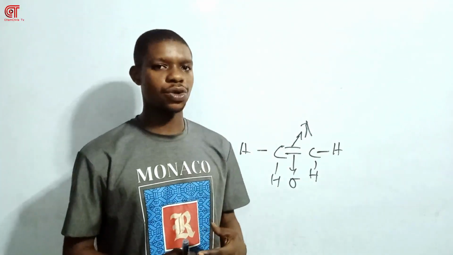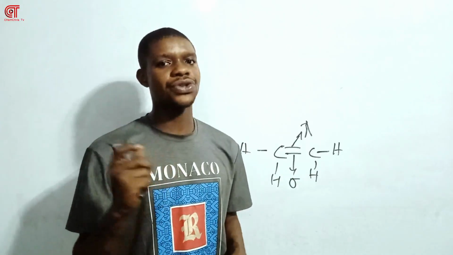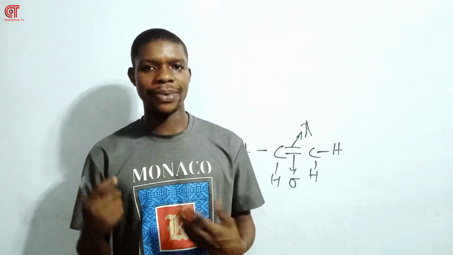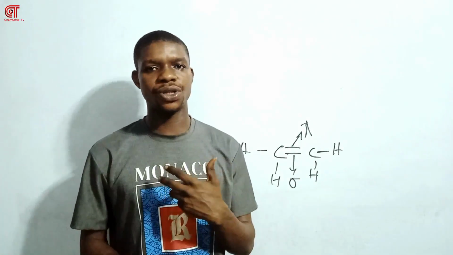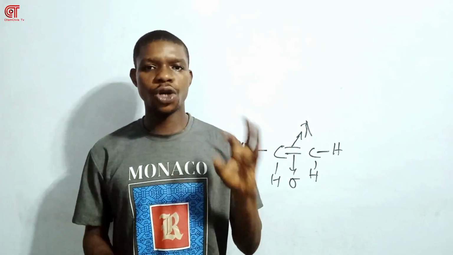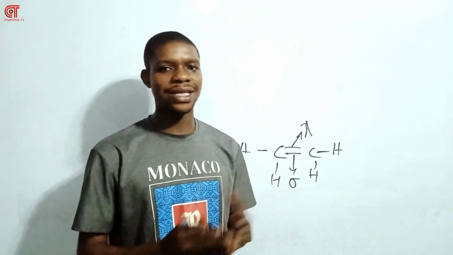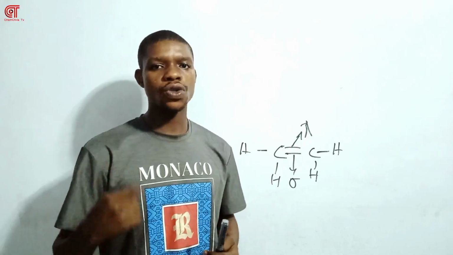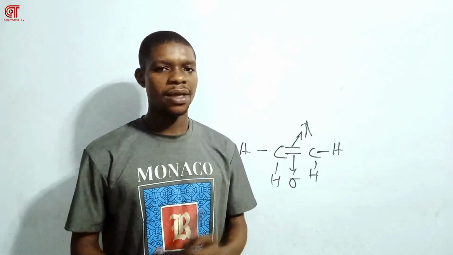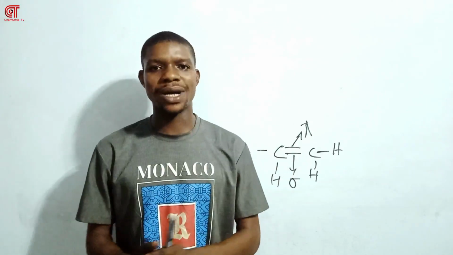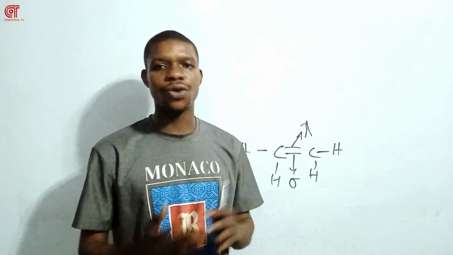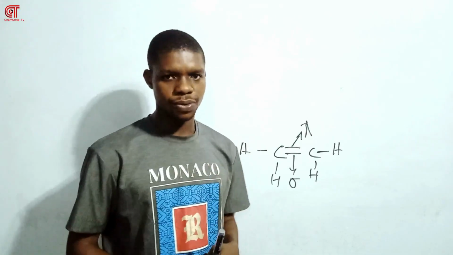So what are the key things you need to know when it comes to the sp2 hybridization? One, as I've said, they make use of just three of the four valence electrons for bonding, so they are called unsaturated hybrid orbitals. The next one is that sp2 can explain the trigonal planar shape in a molecule.